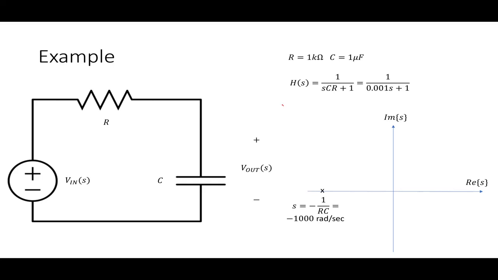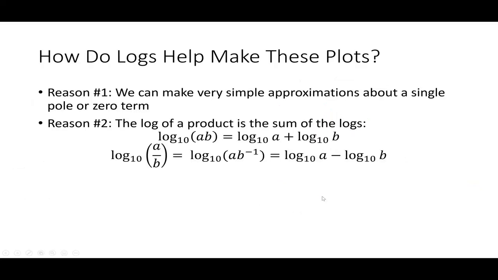And I can see that if I have 0.001 S plus 1 equal to 0, I see that S equal to negative 1 over 0.001, or negative 1,000, is my pole location, okay? So I've marked that. I put an X here at negative 1,000, okay? So I know where my pole is. So that will come in useful later.